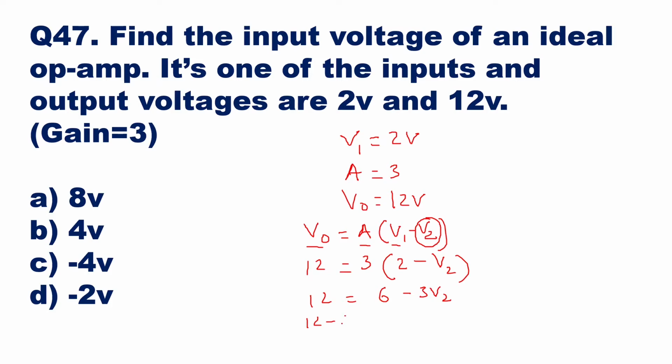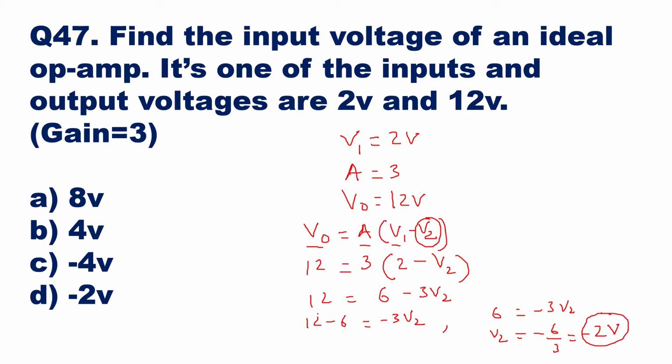So 12 minus 6 is equal to minus 3V2, so 6 is equal to minus 3V2. Then V2 is equal to minus 6 upon 3, that is equal to minus 2. So minus 2 volt will be the value of the input voltage.